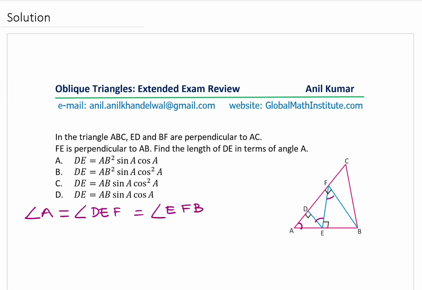We also found a relation that FB is opposite to A in the bigger triangle, and FB is equal to AB sine A.